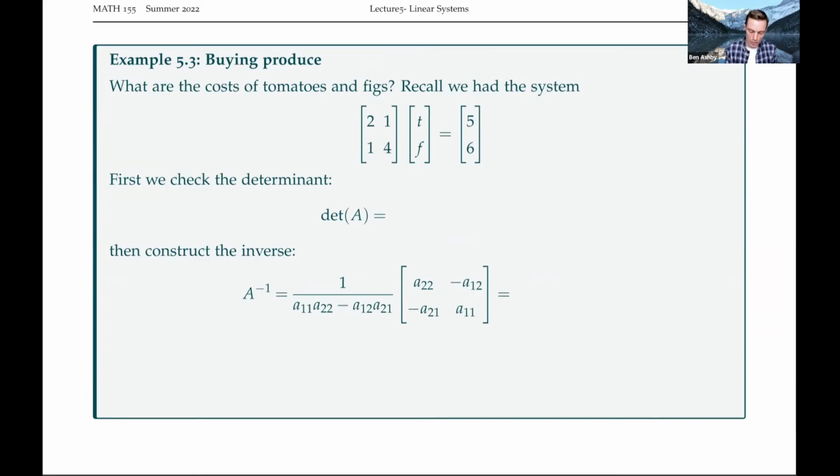So recall that we had 2 tomatoes plus 1 fig is equal to $5, and 1 tomato plus 4 figs is equal to $6, and we can write this as this matrix equation up here at the top.